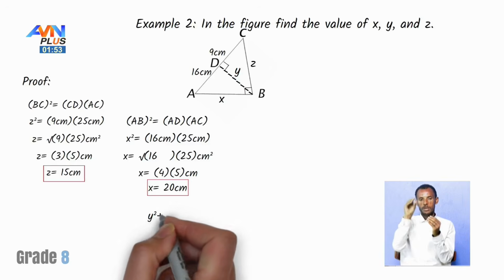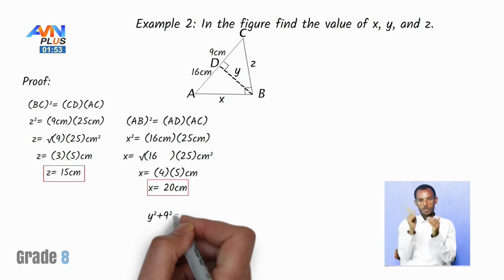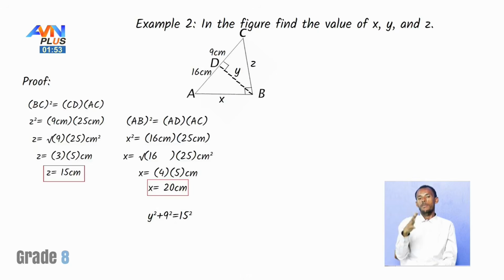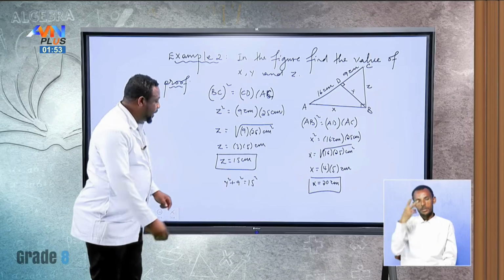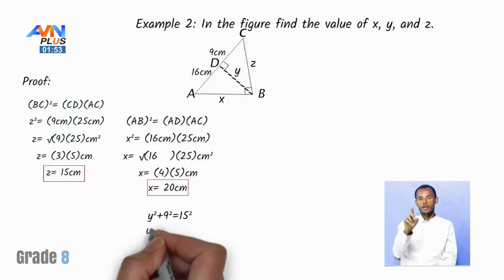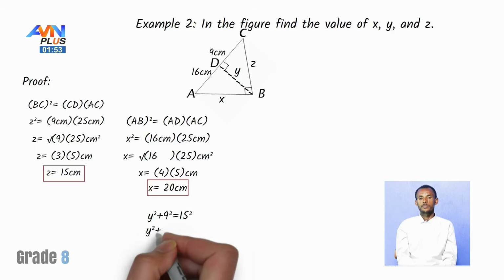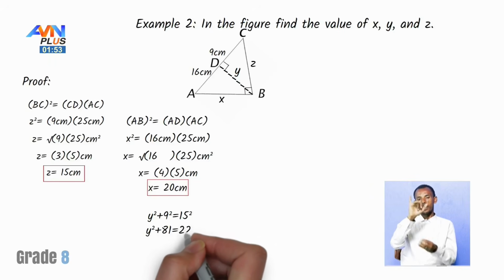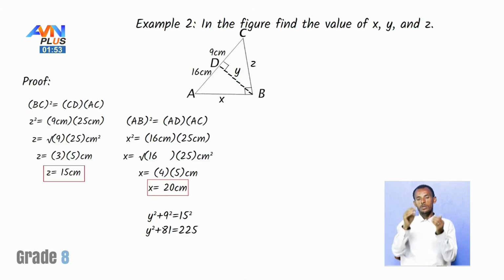So this gives us y squared plus 9 squared is equal to z squared, which is 15 squared. The square of 9 is 81. So y squared plus 81 equals 15 squared, which is 225, right?